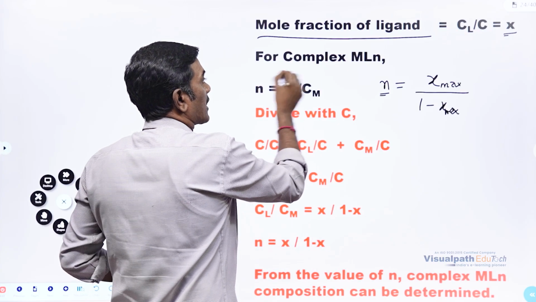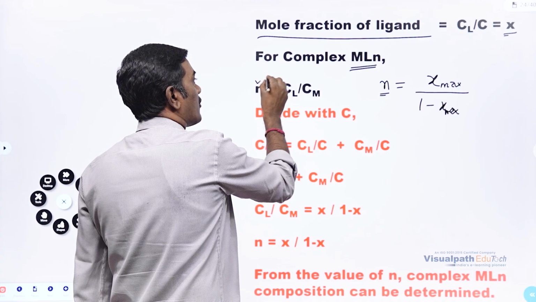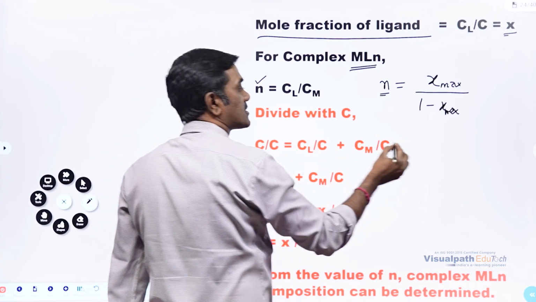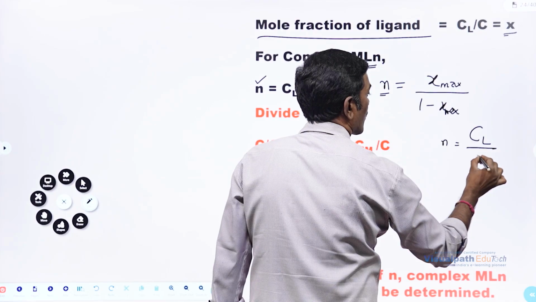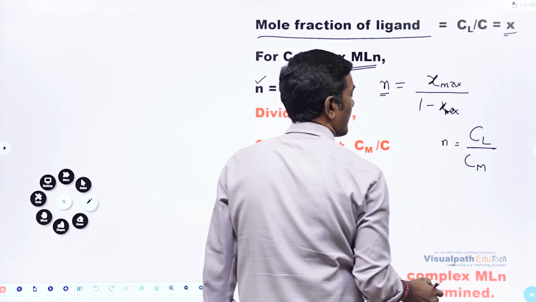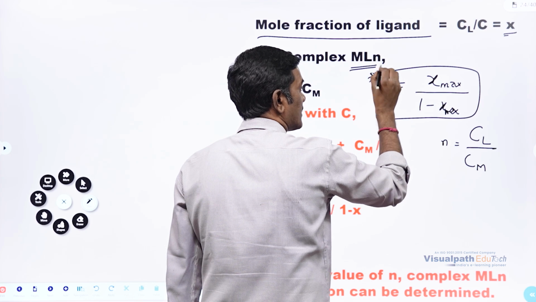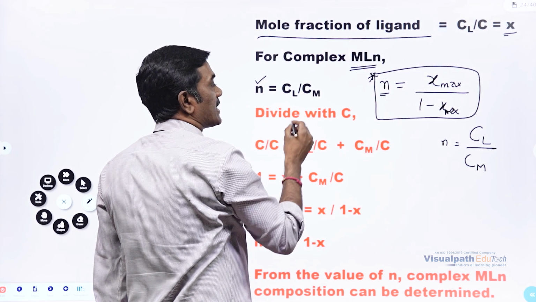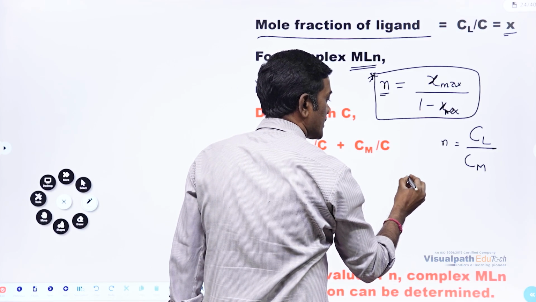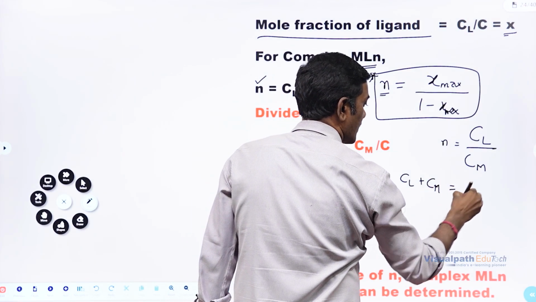Now for a complex, we take the MLn complex. For the MLn complex, what is the formula of n? n is equal to concentration of L by concentration of M. So we are going to get this one, right? And by using this, we already know that Cl plus Cm is equal to C, the total concentration.